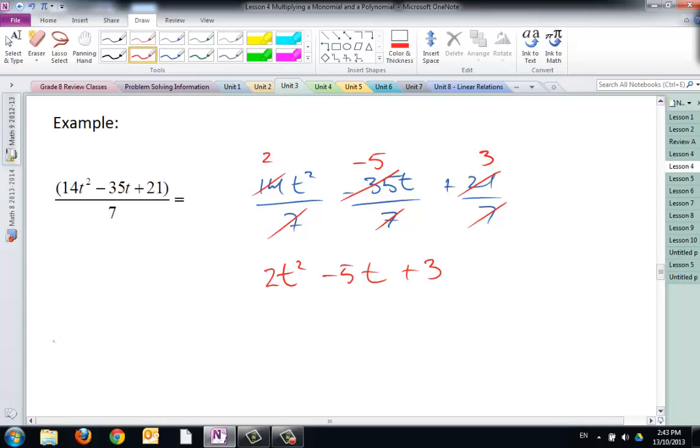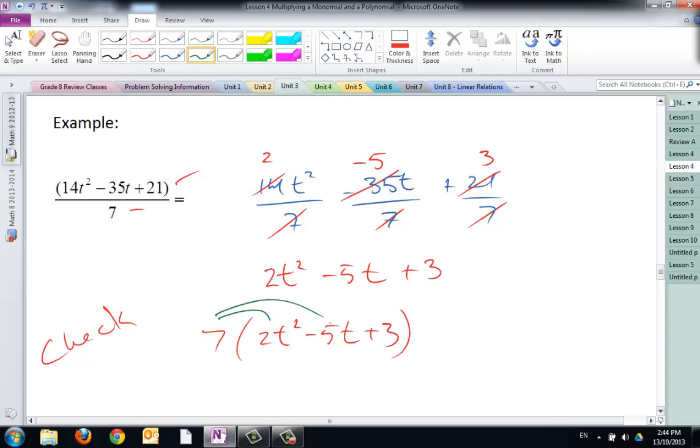Now, a really nice thing about this is that we can check our work. We can go back and say, if we divided this by this to get 2t squared minus 5t plus 3, then it stands to reason that if I multiply 7 onto 2t squared minus 5t plus 3, I should get back to what I started with.